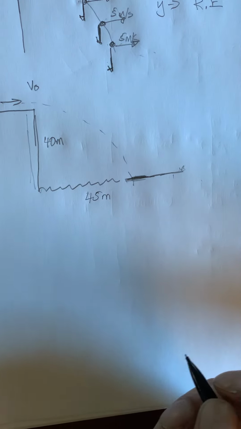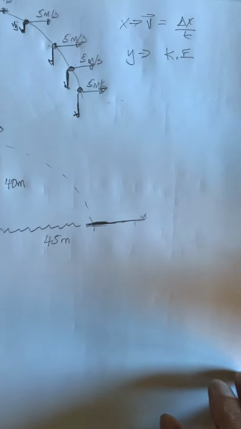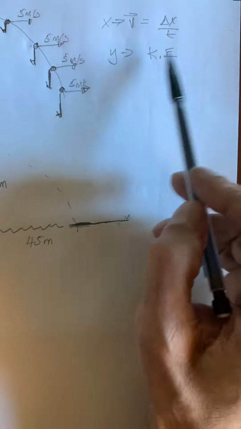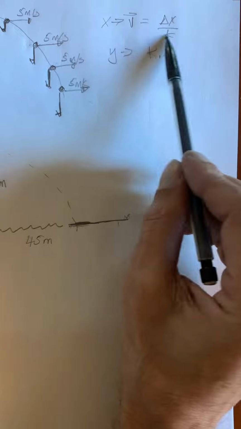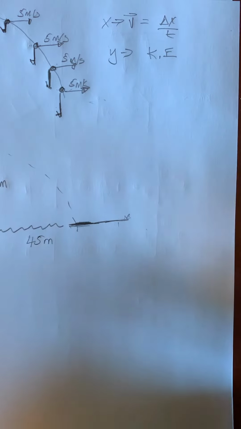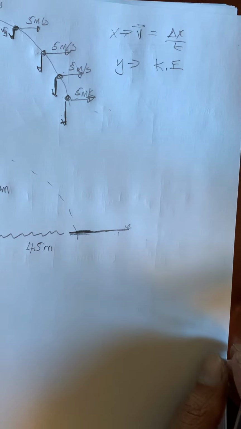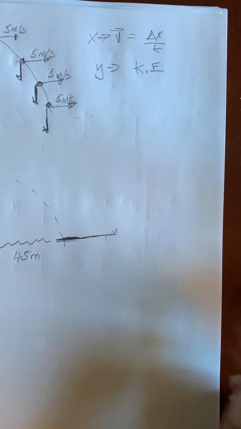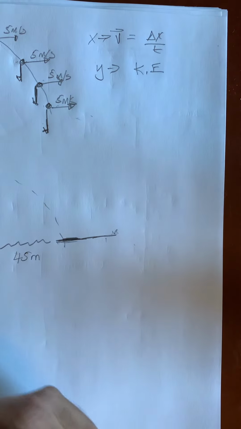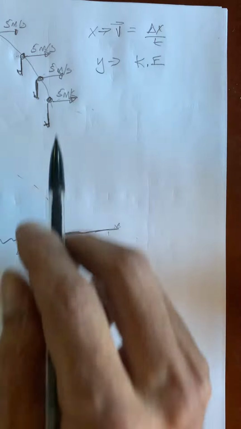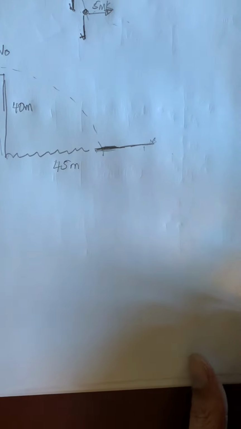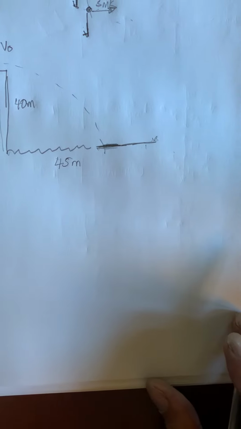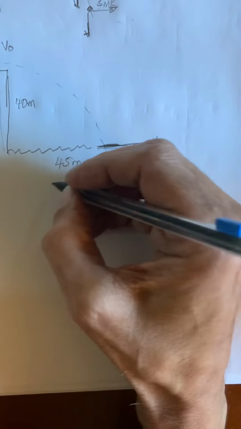So, do some physics. We said there were two different kinds of physics going on: kinematic equations, or the normal speed, distance, time, or velocity, displacement, time equations. So we are going to have to look at the x and y motion happening with this car going over the cliff. And so we separate them out.